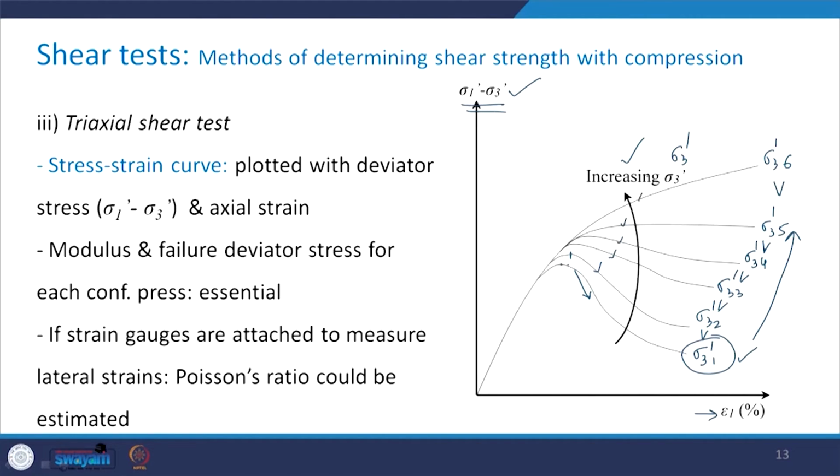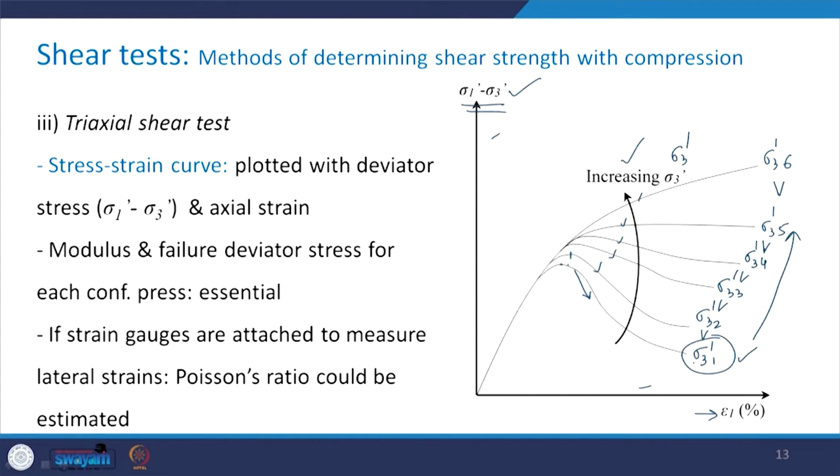So, this is really very interesting, that on increase of sigma 3, the behavior of the specimen changes. We will discuss these things in a detailed manner in subsequent classes, but for the time being just focus here that with increase in sigma 3 there is a change in the stress strain response for the same rock.